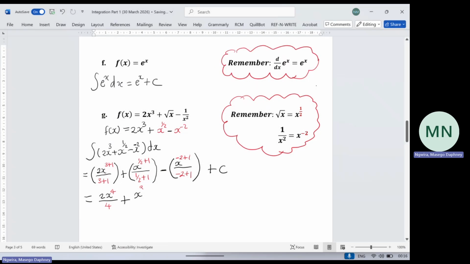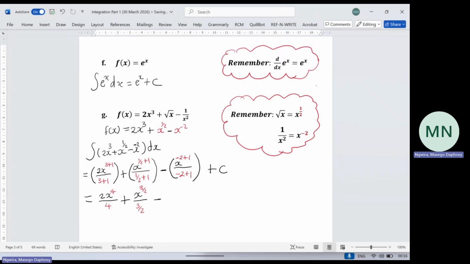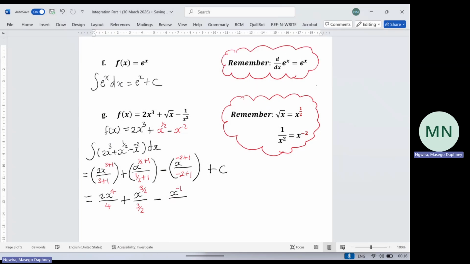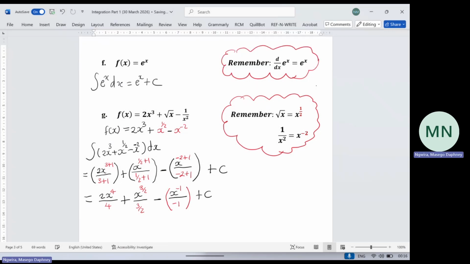So this will be 3 over 2, then over 3 over 2. And then we say minus, this one is going to be x to the power of negative 2 plus 1. You can use your calculator, you're going to get negative 1. Let me put this inside the bracket because of this negative 1, and then this is plus c.